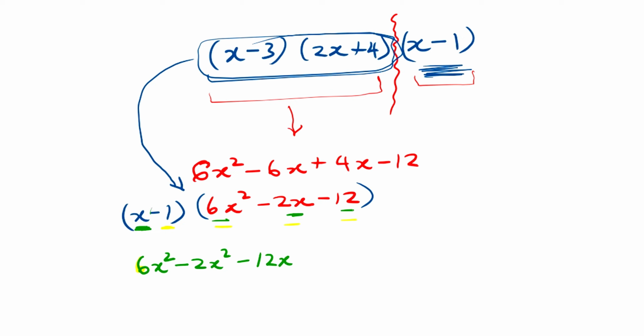Now we come to the minus 1 expanding over that. We are getting minus 6s squared plus 2s, that is this and that, negative 1 times negative 2s, and then plus this and that, giving us 12.